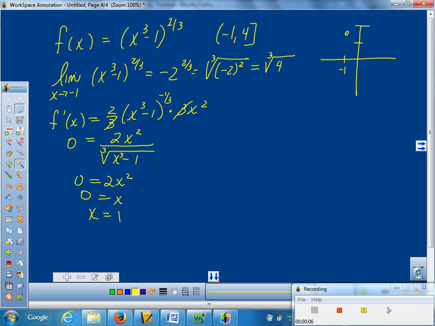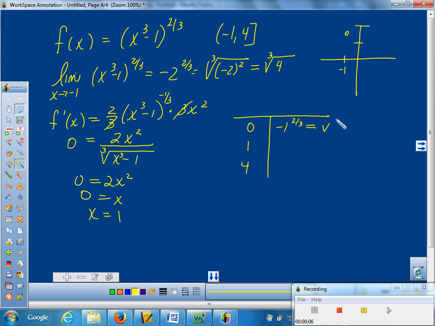So we need to check 0 and 1. I check it how? Put them in the C table. Any other numbers I need to test? 4, because it was bracketed. Okay. So, if I put 0 up here, I'm going to have negative 1 to the 2/3 power. Since that's a 2, realize you're squaring it.